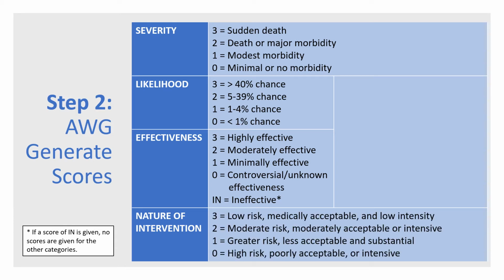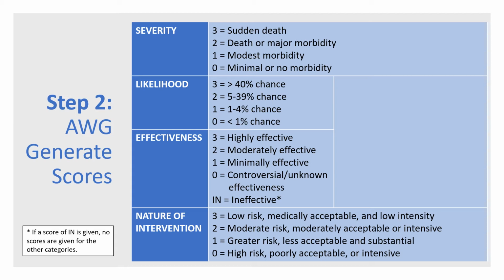For nature of the intervention, again, the scores range from 0 to 3, where 0 is the intervention has an associated high risk of morbidity, it's poorly acceptable, or it's really intensive, and something like this would be a gastrectomy to prevent gastric cancer.